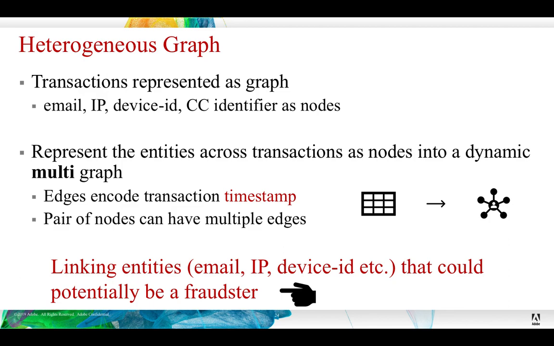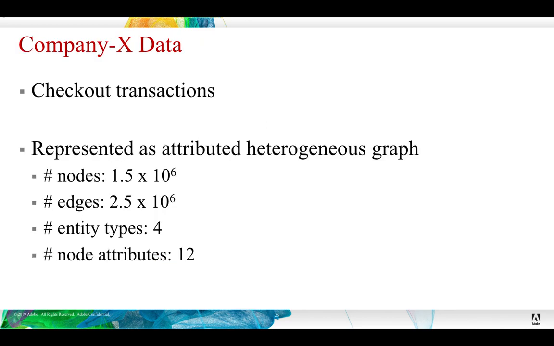The goal is to link entities that could potentially be fraudsters. We used checkout transactions and represented them as a heterogeneous graph with about 1.5 million nodes and 2.5 million edges, with 4 entity types, and each of the nodes had 12 attributes associated with it.